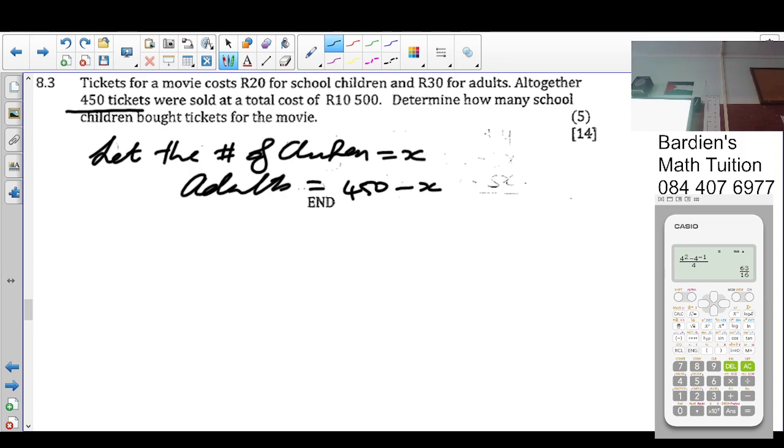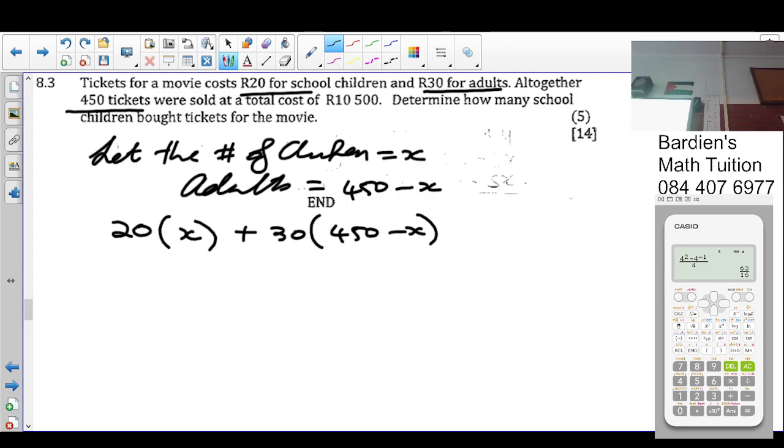Okay. So the income made of school children is 20 multiplied by the number of children, not so? The income made of adults is going to be 30 multiplied by the number of adults. And together that income, the grand total, is going to be 10,500.